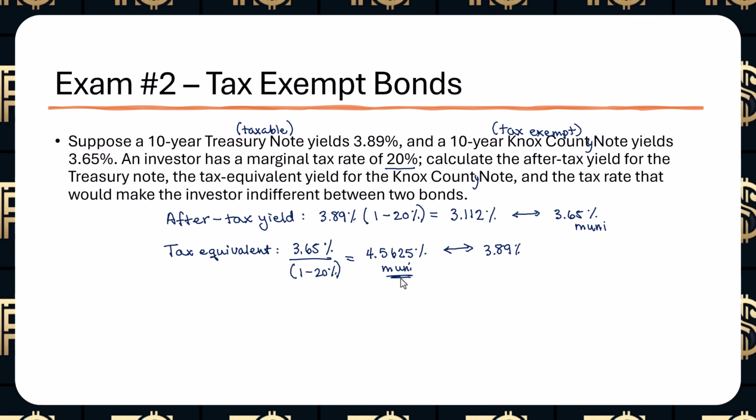All right, the last part of this question is to find the tax rate where we would be indifferent between these two bonds. To solve that, what we need is an equation. The tax rate that would make us indifferent, I call it T star, equals 1 minus the tax exempt yield divided by the taxable yield.